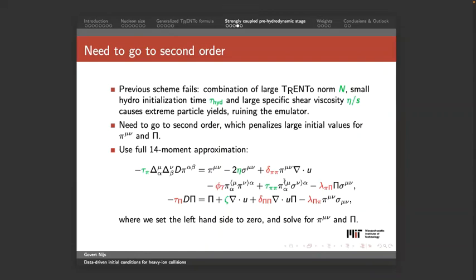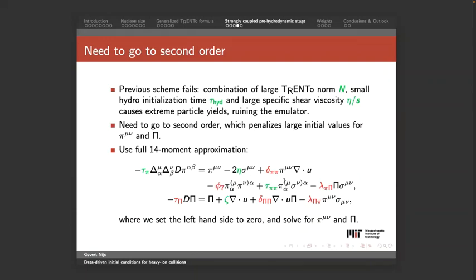Then you immediately run into a problem, because this completely fails. I put this in because it's a nice illustration of how Bayesian analysis can be hard. Imagine that you have a shear viscosity which very quickly rises as a function of temperature. Now imagine that you also are initializing your hydro at a very early start time, so temperatures are very high.